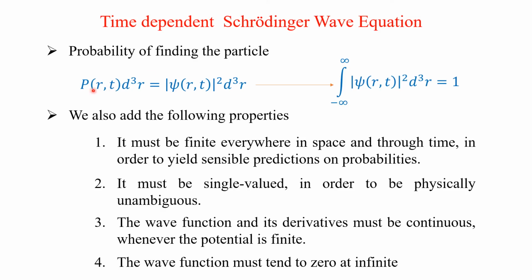The wave function is used to find the probability of finding the particle in a small volume d tau. That is the probability density P multiplied by the small volume d tau, equal to modulus psi squared d tau. If you integrate between minus infinity and plus infinity, the integral of modulus psi squared d tau must be equal to 1, because you must find the particle somewhere in the region.